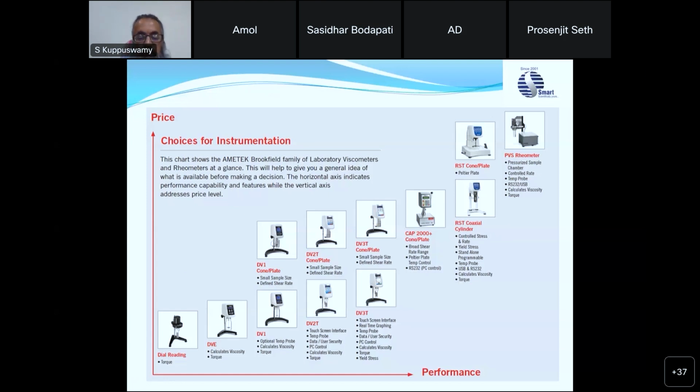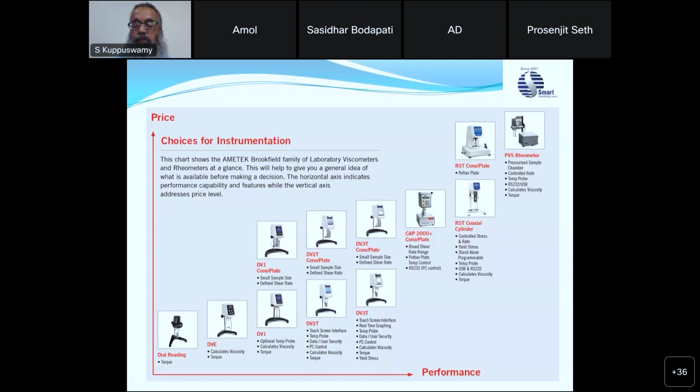Then the second generation viscometers, DV2T, digital viscometer; 2T stands for second generation. Then there is a DV3T, now replaced with the DV next model. Then you have CAP viscometers; CAP indicates cone and plate.